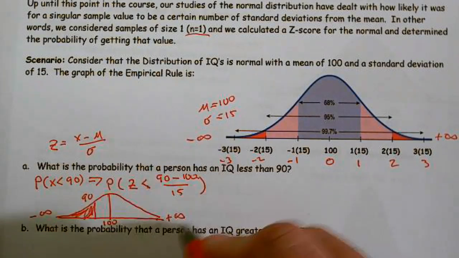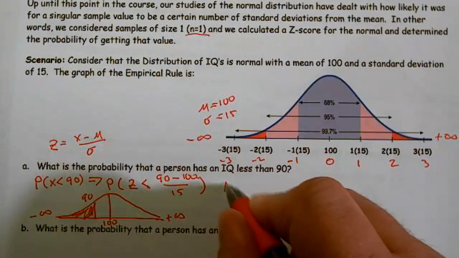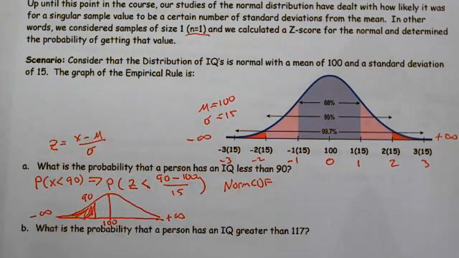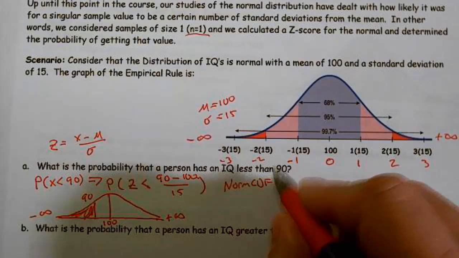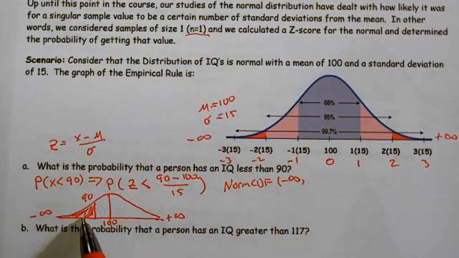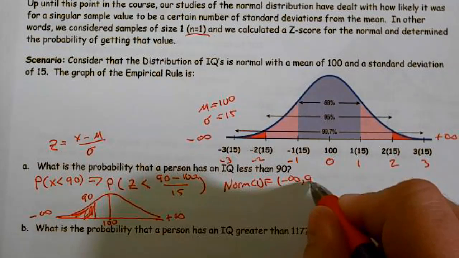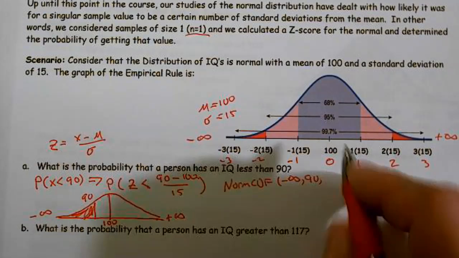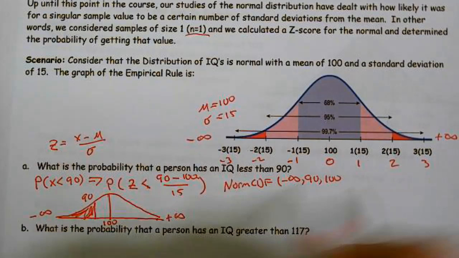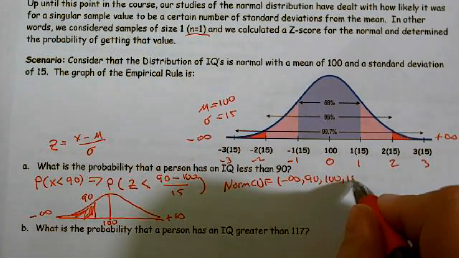That means I'm working with a normal CDF where my lower is -infinity, my upper part of the shading is 90, my mean is 100, and my standard deviation is 15.